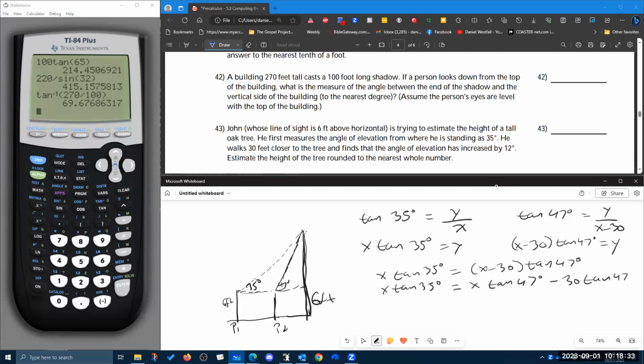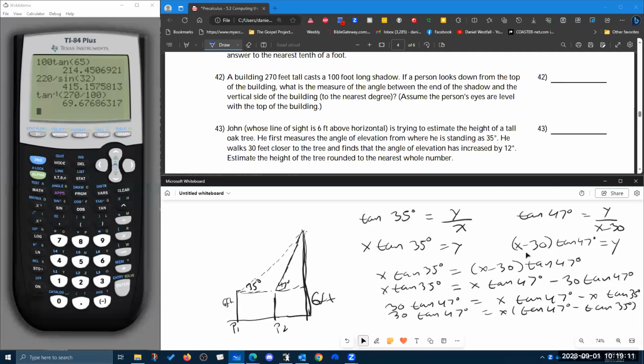And x tan 35, let's bring it over to make it positive. 30 tan 47 is equal to x tan 47 minus x tan 35. So 30 tan 47 is x times tan 47 minus tan 35.